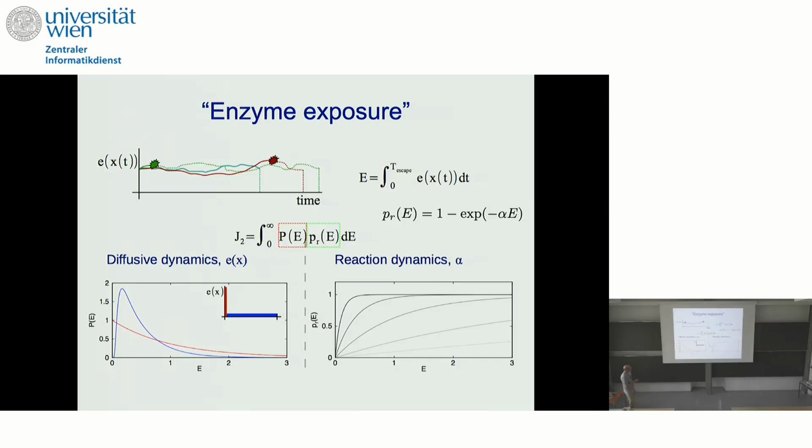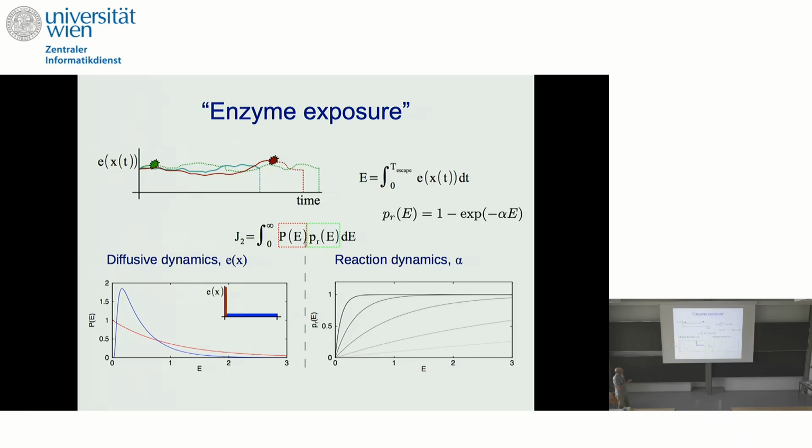Okay, and that brings me to a concept that we named enzyme exposure. If you have a particular trajectory of an intermediate particle, then during its path through the system it sees a time-dependent enzyme concentration, and that can be summed up by an integral over time until the escape time of the trajectory, which is like a total enzyme exposure that it sees over its lifetime, over its time to escape.